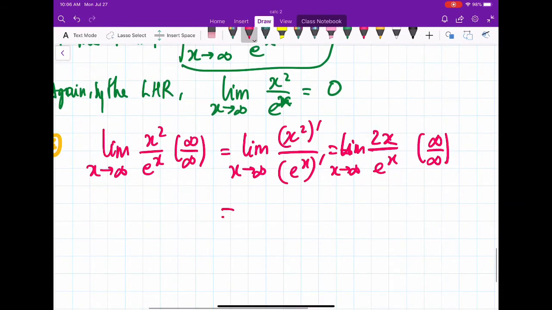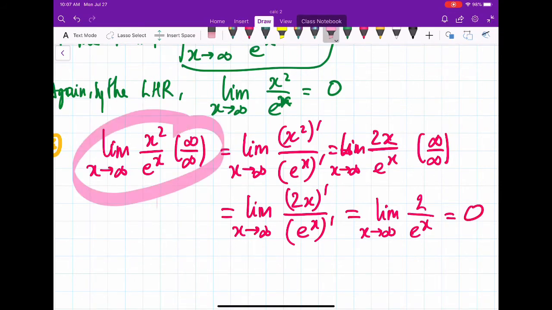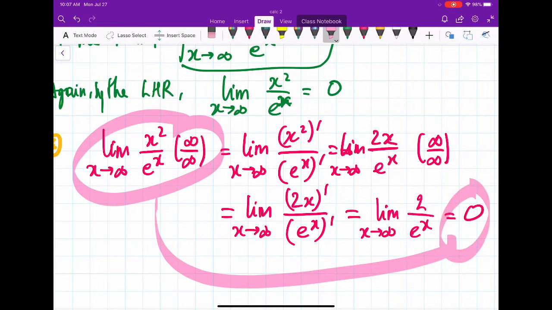You differentiate one more time, you get the limit of 2x derivative over e^x derivative, x approaches infinity, and you get the limit of 2 over e to the x, x approaches infinity, and you get 0. From here, the limit of this guy is equal to 0.